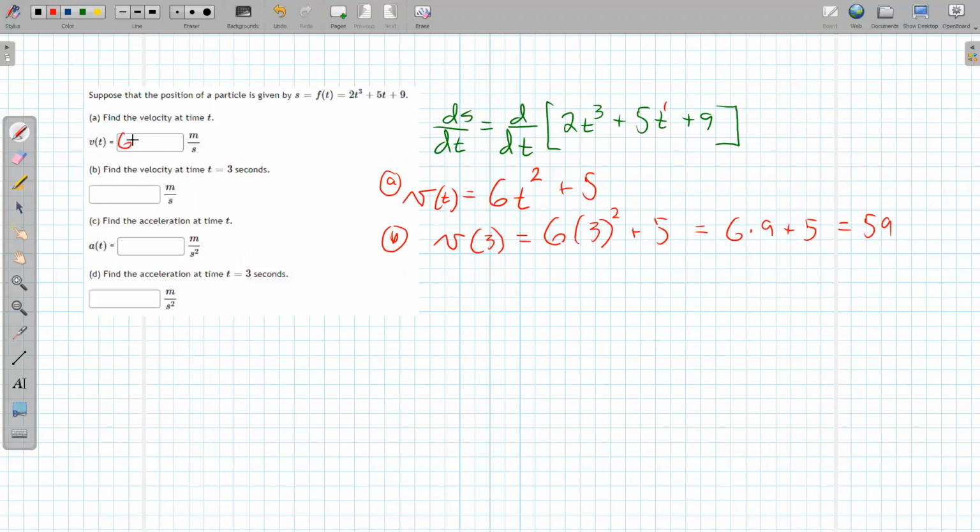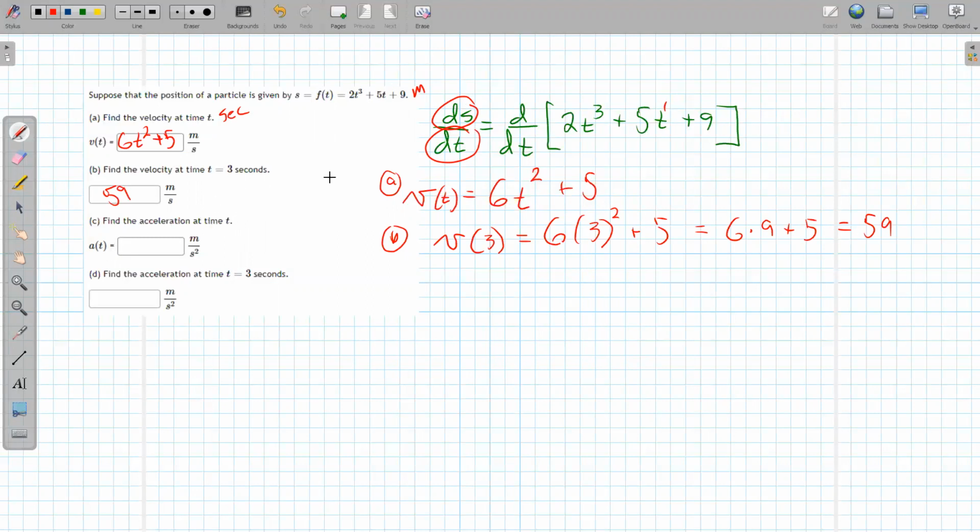So up here, I have 6t squared plus 5 as the function. And again, we took the derivative of position with respect to time, and we're being told that that's measured in meters per second. So position is in meters here, and time is in seconds here. So now at 3 seconds, this thing is moving at 59 meters per second, so it's moving in a positive direction there.